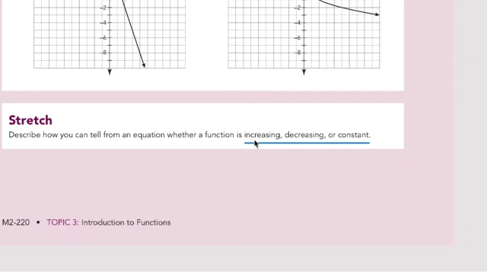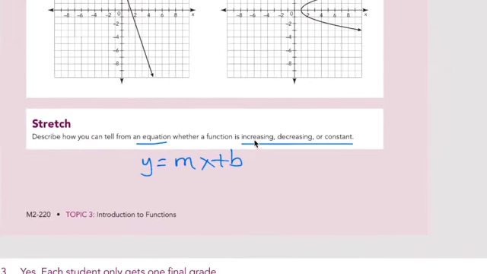If an equation is y equals mx plus b, that's a linear equation. And I've given you parabolas, but explain based on linear, parabolas, absolute value, and quadratics.